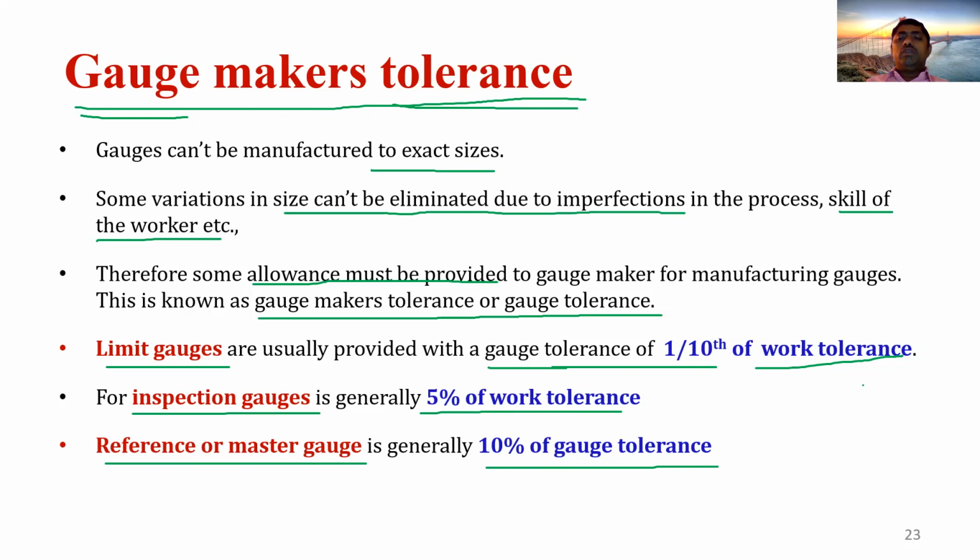These we need to remember: how much tolerance we provide for the limit gauges, inspection gauges, and master gauges. For solving the problems, this will be very useful. So for limit gauges, it is 1/10 of the work tolerance; for inspection gauges, 5% of the work tolerance; and for master gauges, 10% of the gauge tolerance.